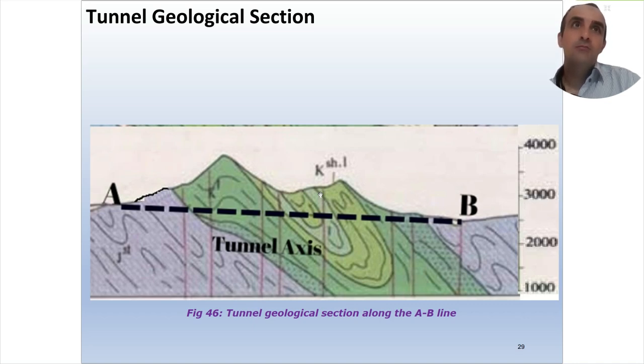What about the being of water flow with high pressure? We can analyze the scenario by understanding the water table level in the karst. If our tunnel passes in upper levels than the water table, it is less likely to encounter water flow from karst.